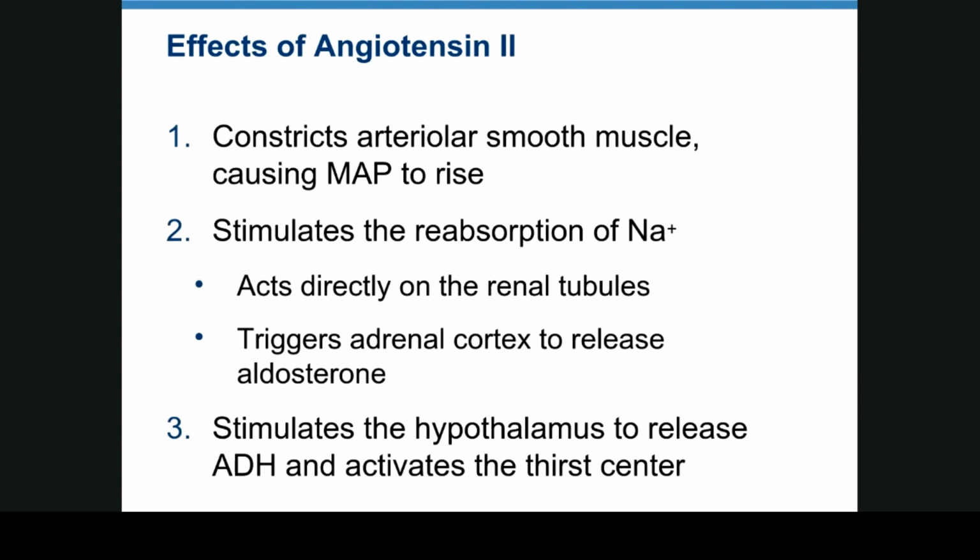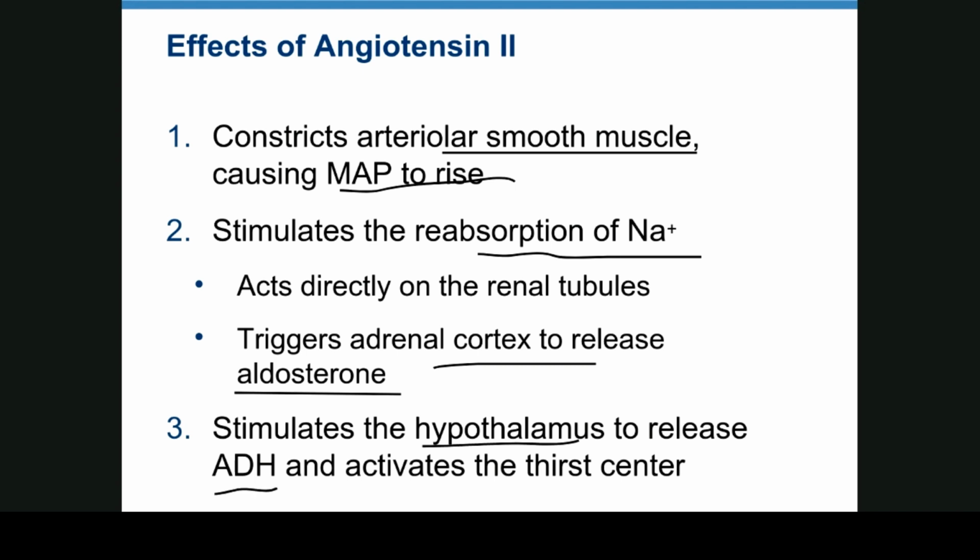Angiotensin II causes arterial smooth muscle to constrict, so your mean arterial pressure, your blood pressure, rises. It stimulates resorption of sodium, triggers the adrenal cortex to release aldosterone, stimulates the hypothalamus to release antidiuretic hormone, and also makes you thirsty.